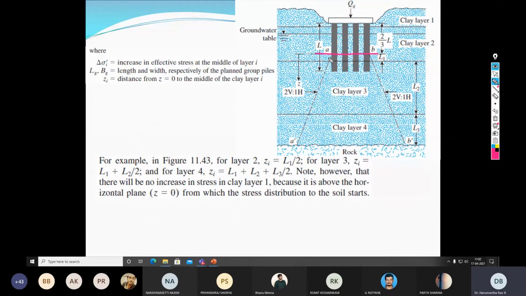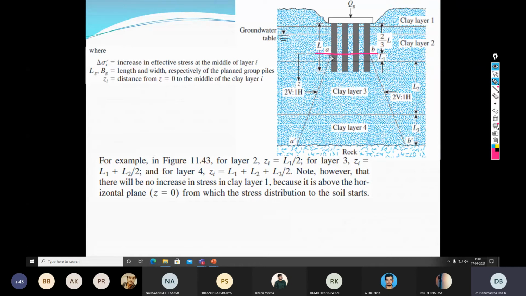But at what depth will you assume this fictitious plane AB? That should be assumed at a depth of 2/3 of L from the bottom of the pile cap.